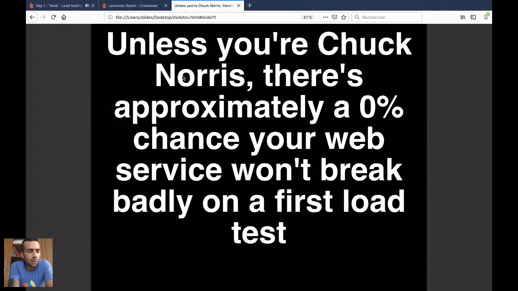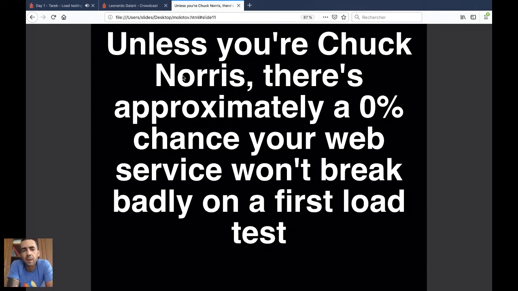So the bottom line is that when you do some load test, there is usually zero chance nothing is going to break badly and need to be fixed. I mean, in the past few years using Molotov, I've never seen a web service that didn't have an issue somewhere we needed to fix, unless the developer did some load testing on their side.